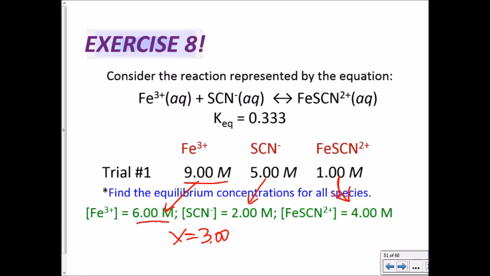So don't forget to do that little subtracting or adding at the end. You get x is 3, but that's not the concentration. 9 minus the 3 gives you 6, so that's the concentration of iron. 5 minus the 3 gives you 2 for the concentration of thiocyanate. And then your complex ion over here, 1 plus the 3 gives you 4.